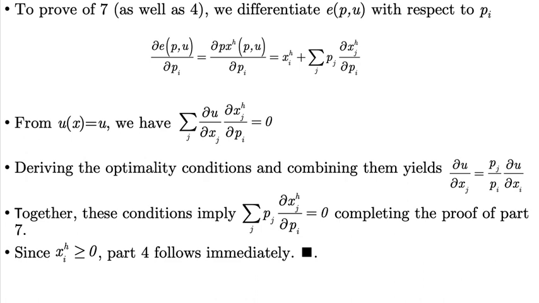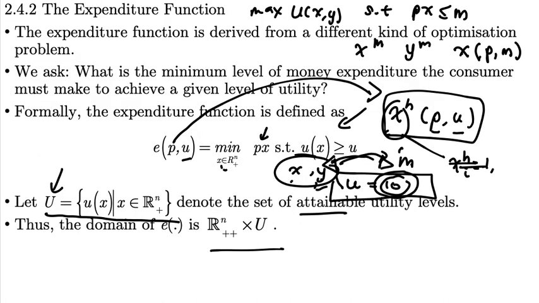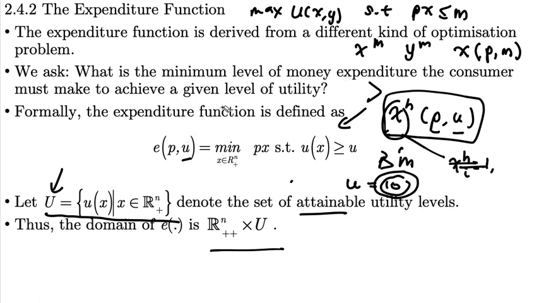However, before I prove property number 7, I want to show you this. If you can recall, when we talk about the expenditure function, let me erase the mess here so that you can see. We are asking ourselves what's the minimum level of money expenditure that we as consumers must make to achieve a given level of utility.